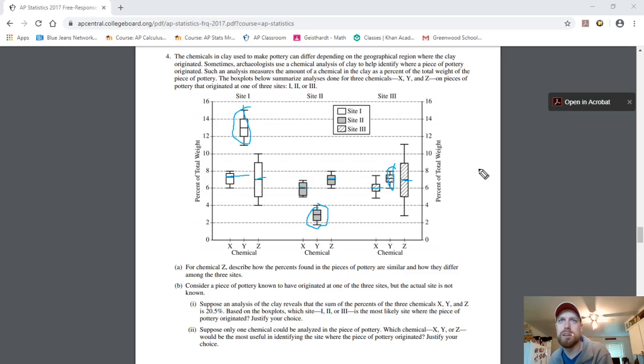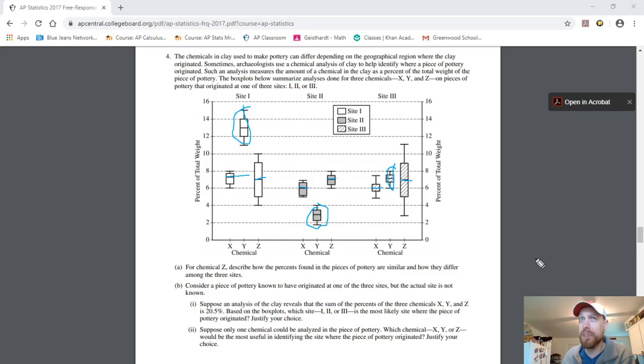And so chemical Y, it varies the most relative to the standard deviation or whatever, which I think should be enough. But what the answer key actually needs you to say is that there's no overlap in the graphs.